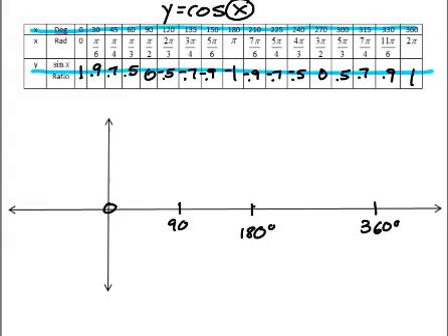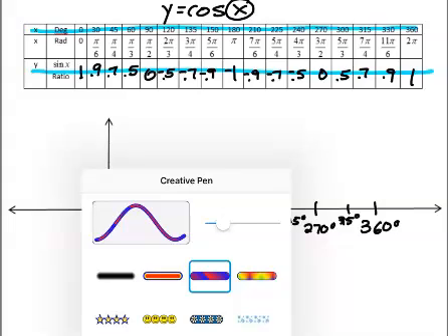So I'll do 90, 45, 135, halfway in between is 270. Oops, 315.